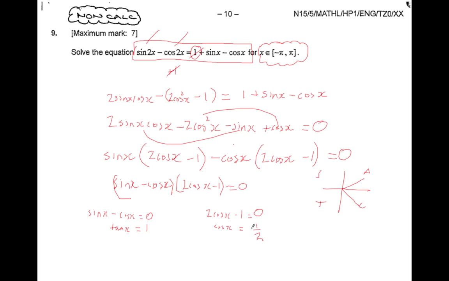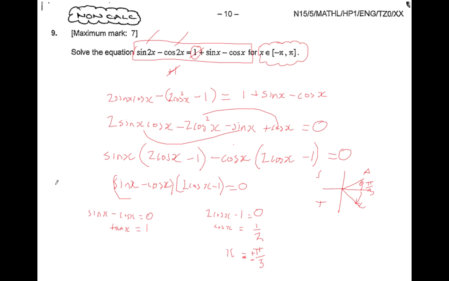And arc cos of a half, that should be instantaneous for you guys. That's 60 degrees or pi over 3. So there's a pi over 3 here, but it also exists down here. So we've got x equals pi over 3, and that's a positive and a negative.